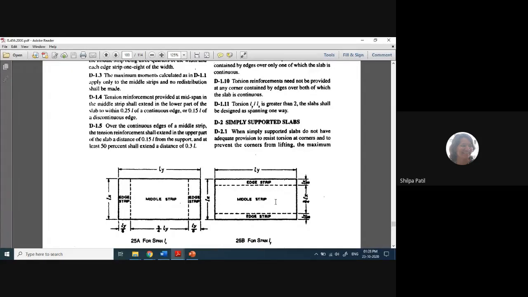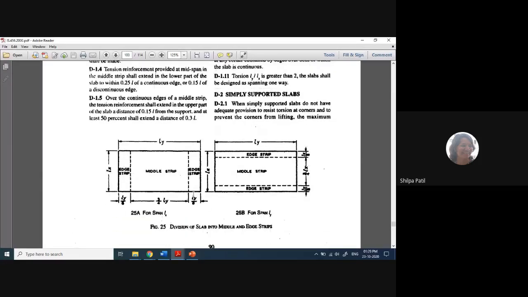Okay, that is for positive moment. Whatever reinforcement we calculate for the positive moment will be provided for this middle portion. Along the edges we are supposed to provide the reinforcement which we calculate for the support moment. Okay, and that's why these strips are considered while providing the steel reinforcement.